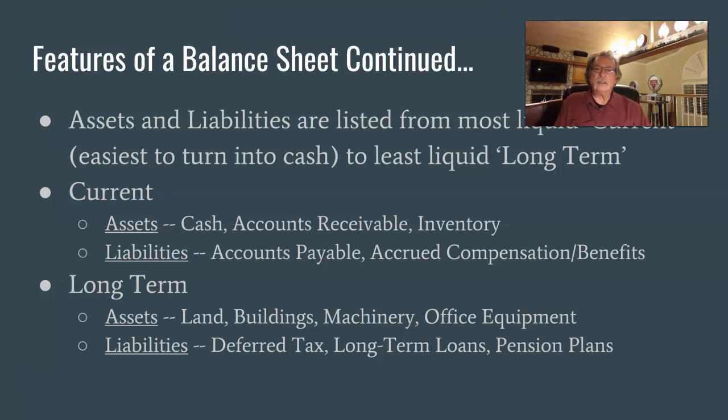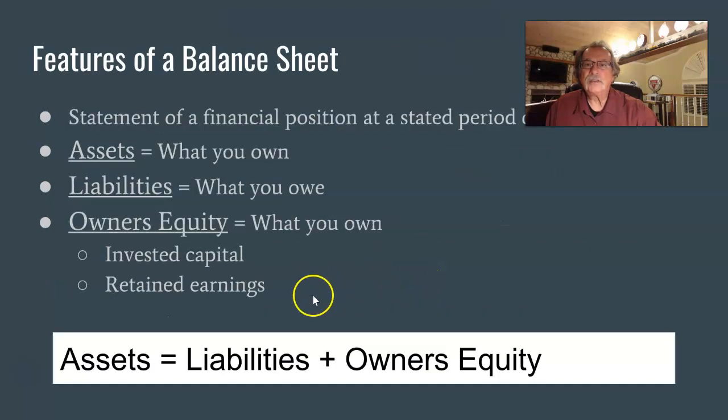And long-term liabilities, let's not talk about deferred taxes. That's an accounting term that is like debt, but long-term debt. A pension plan is a retirement plan. If you owe a bunch of retirees money, that's a long-term liability. So that's what those are on a balance sheet. There are different categories: short-term assets, long-term assets, short-term liabilities, long-term liabilities.